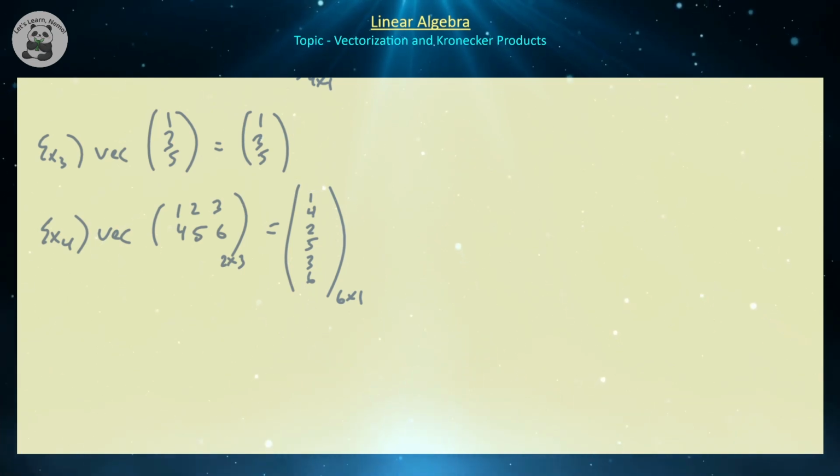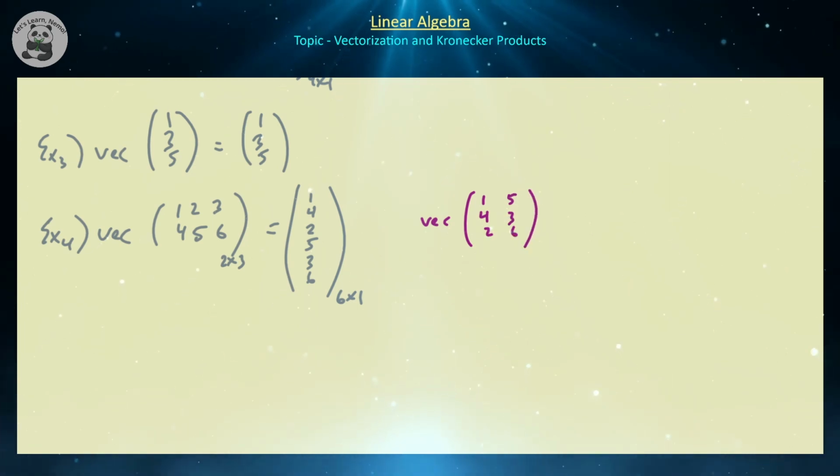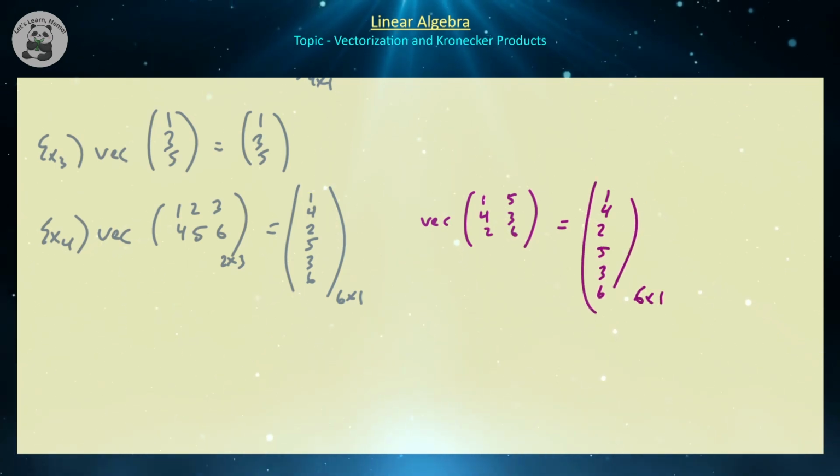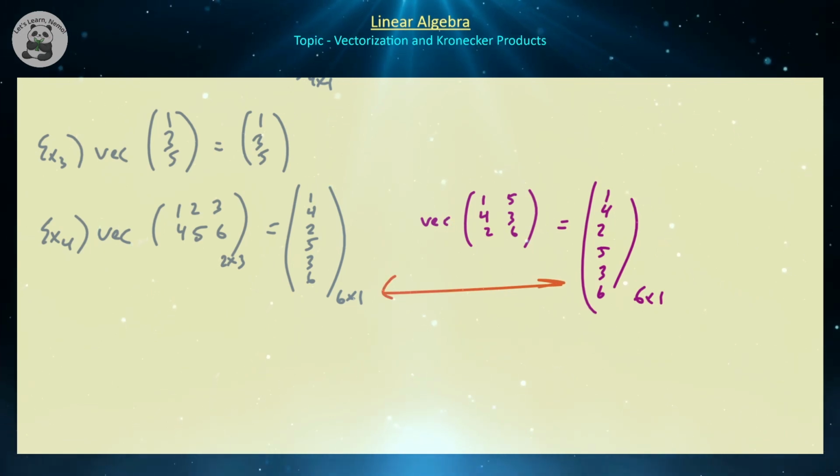Now it's very important that you keep track of what we're doing here, because if we vectorize, say, 1, 4, 2, and 5, 3, 6, this is also going to be equal to the vector 1, 4, 2, 5, 3, and 6, right? Which is the same 6 by 1 matrix as mentioned here, right?